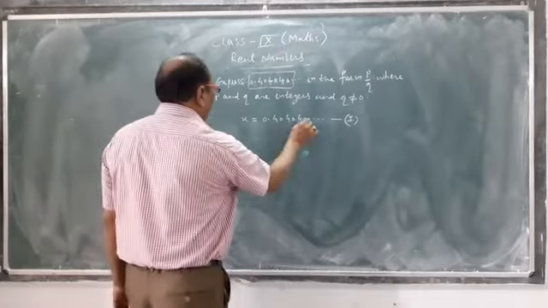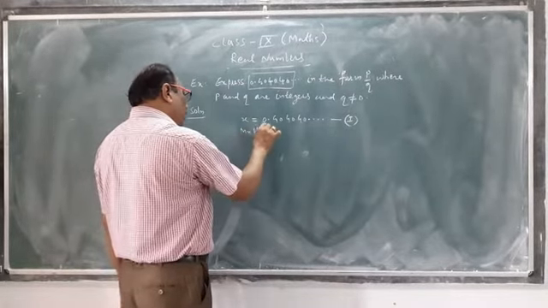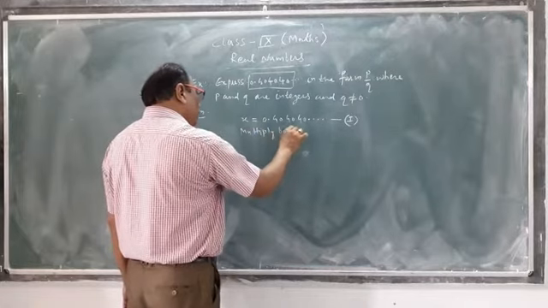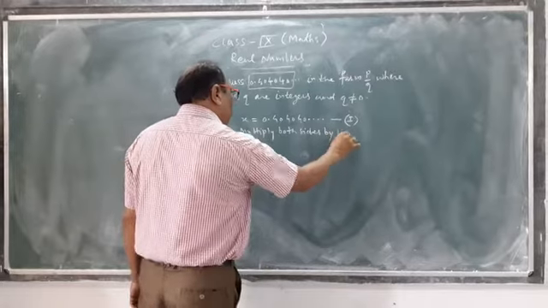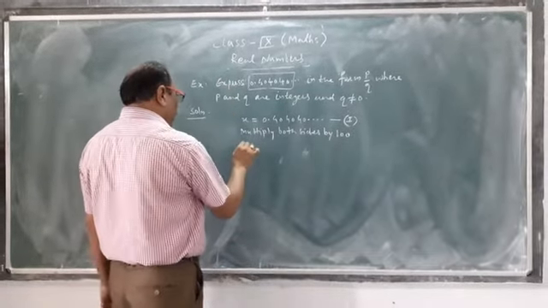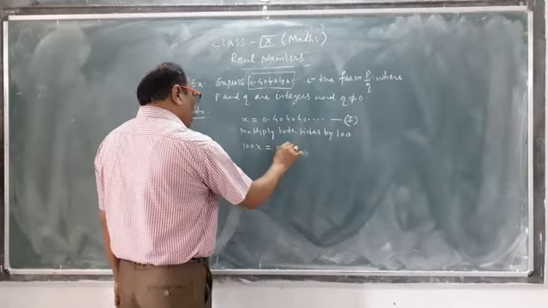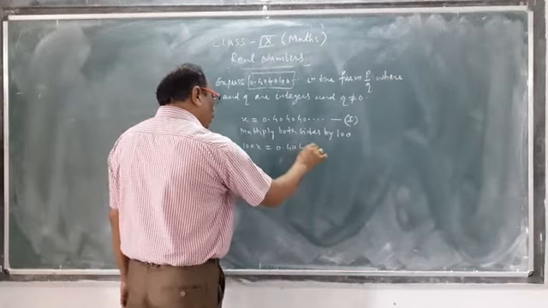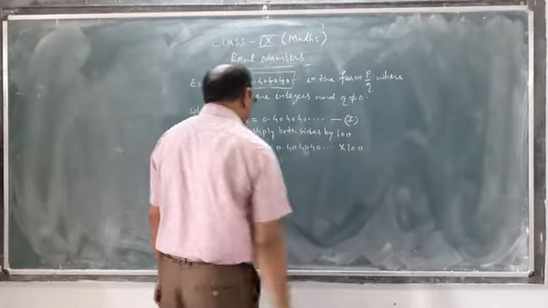Here 2 digits are repeating. Therefore, multiply both sides by 100. Then x into 100, that is 100x, is equal to 0.404040 into 100.